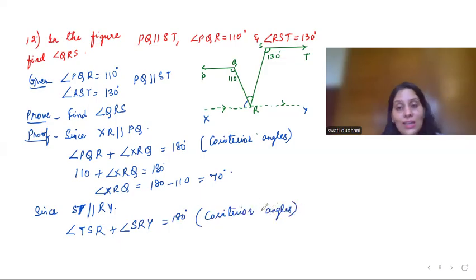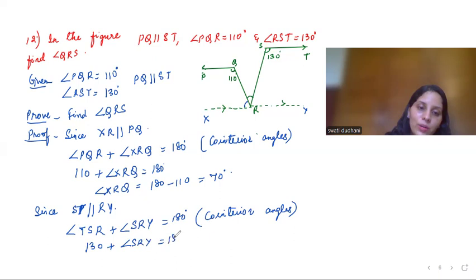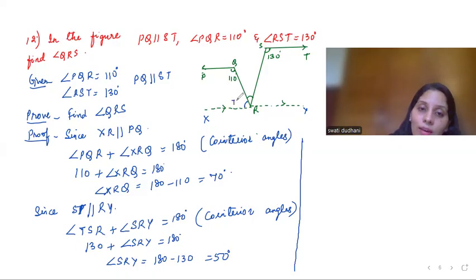Co-interior angles are always supplementary. So TSR is 130 plus SRY is equal to 180. So SRY is 180 minus 130, which is 50 degrees. So this one we got as 70, this one we got as 50.